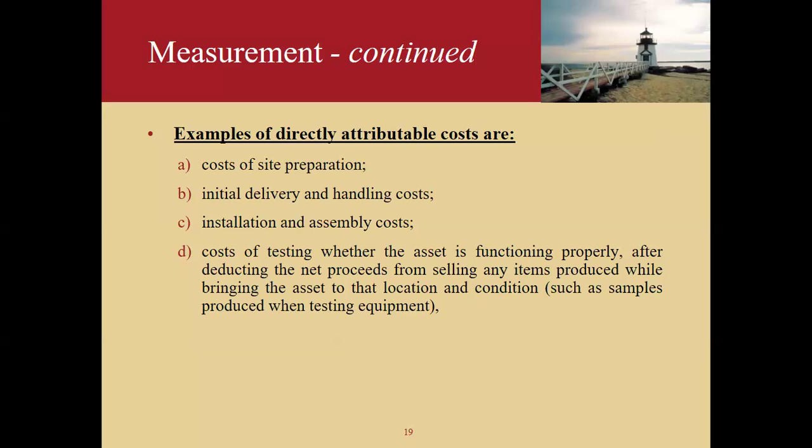So that is the cost of site preparation. Or you're constructing a building and you have to prepare the site, remove the stones, all that. Two, initial delivery and handling costs. Three, installation and assembly.